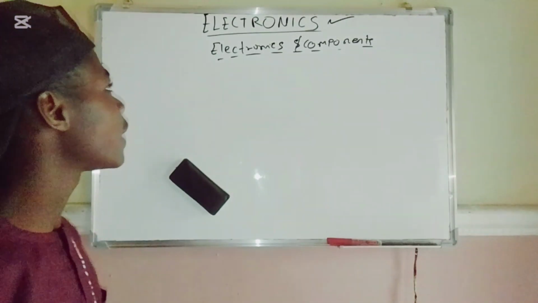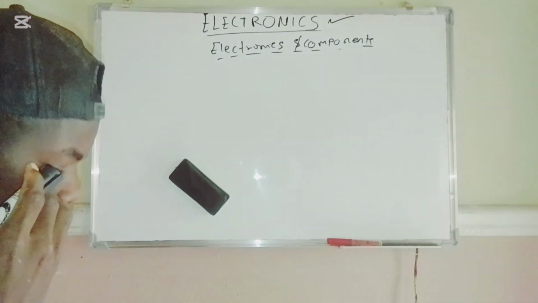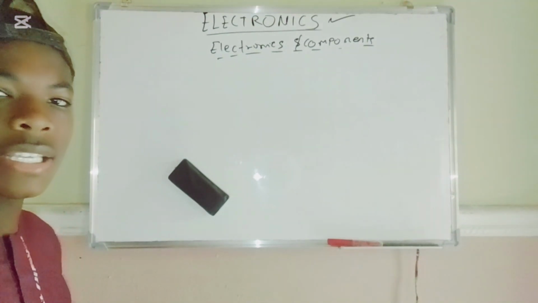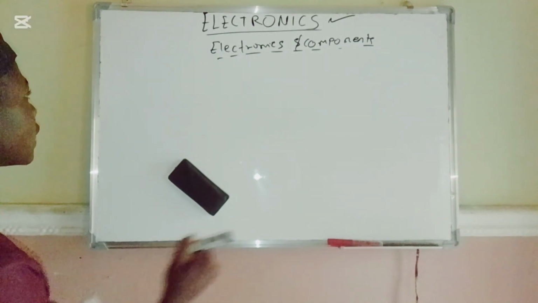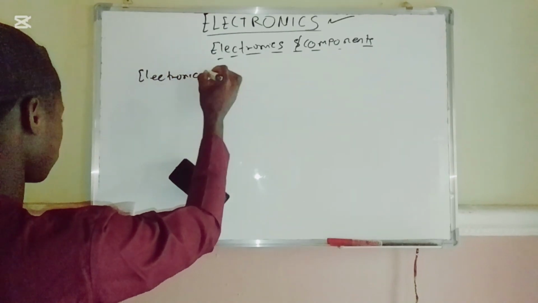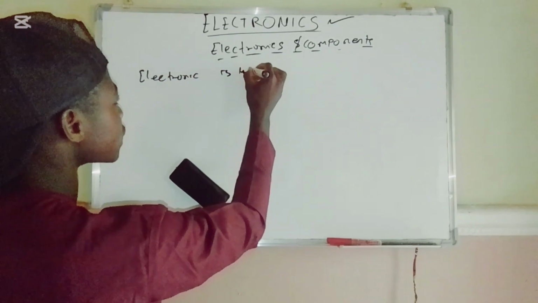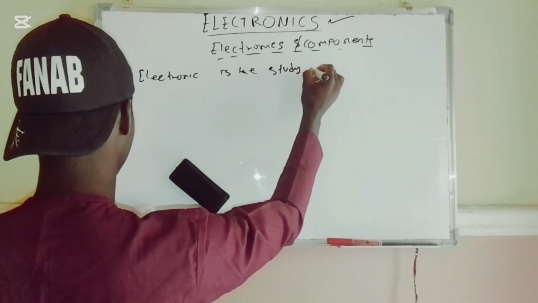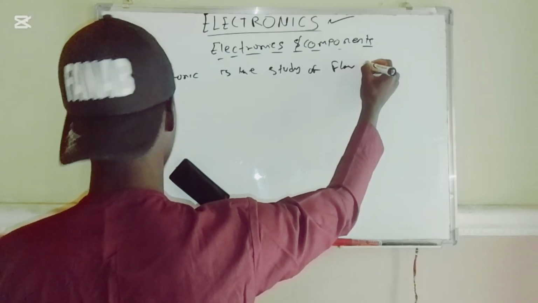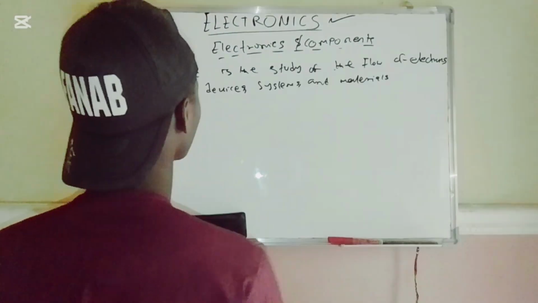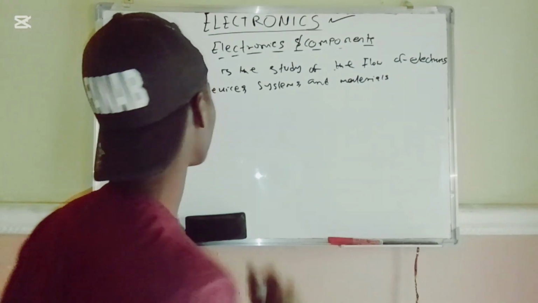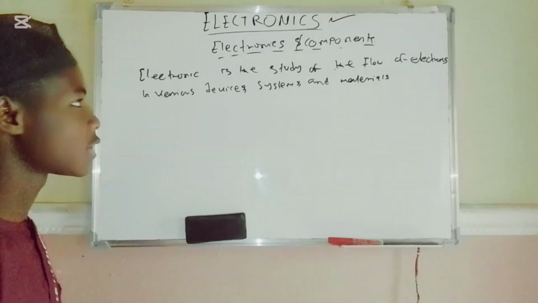The definition I have here says that electronics is a study of the flow of electrons in various devices. Let me write the definition here. Electronics is the study of the flow of electrons in various devices.